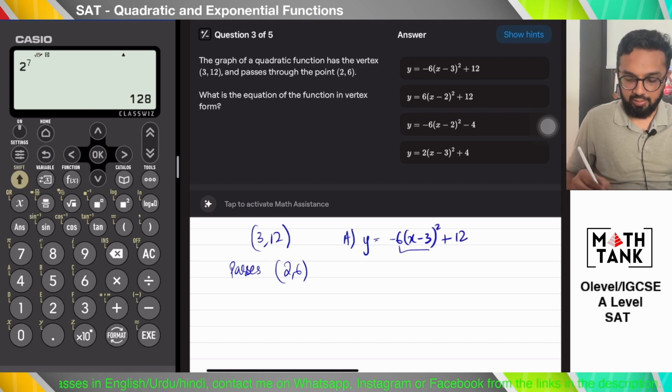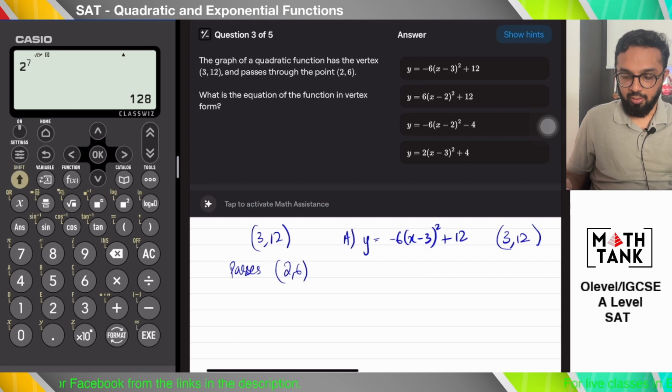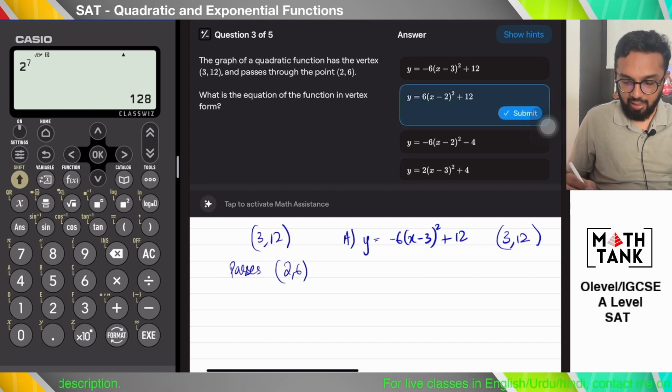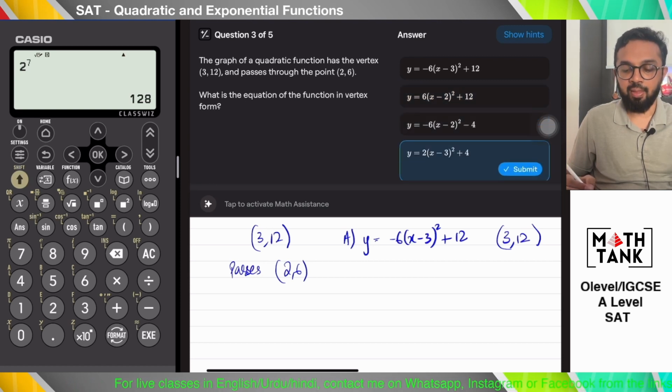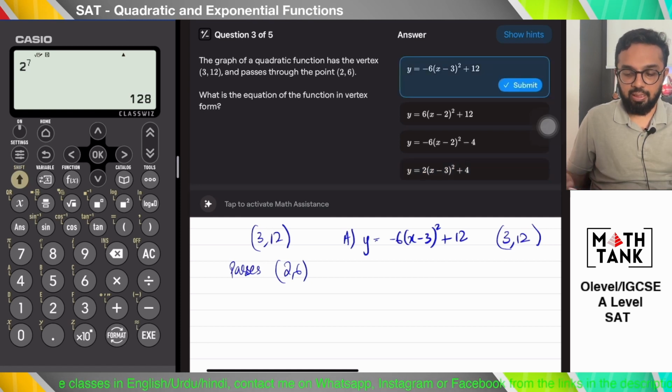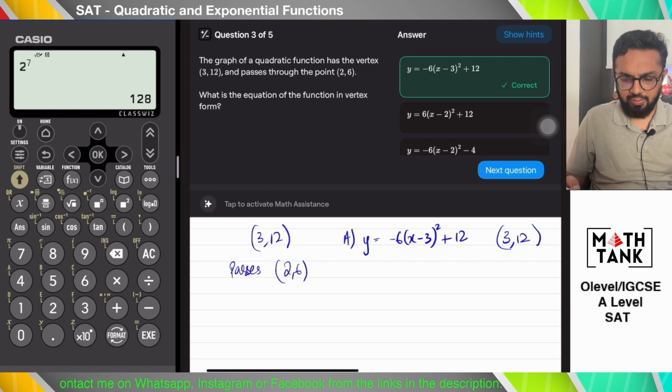From here I can see that the x coordinate of the turning point, the bracket has minus 3, so the x coordinate is 3, and whatever is outside is the y coordinate. So the first answer option has a turning point of (3, 12). The second one has it at (2, 12). This third one has it at (2, minus 4) and (3, 4). So only the first one has the right turning point, and that should be the correct answer.